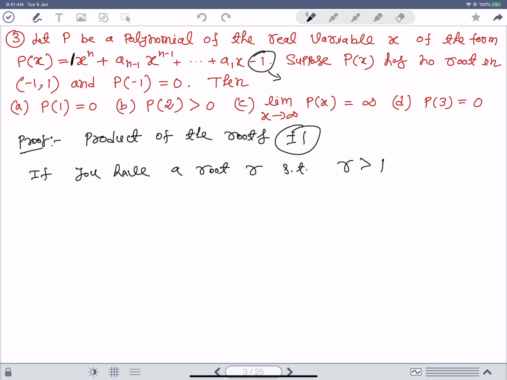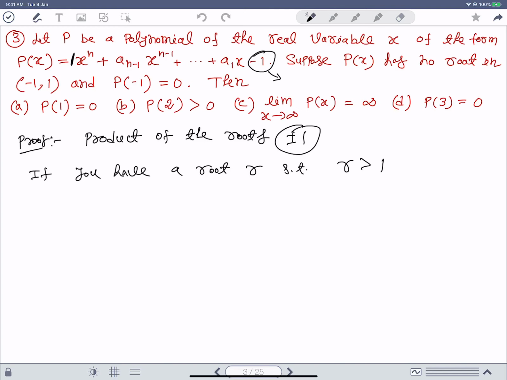Yes, sir, it depends on n being even or odd, something like minus 1 power n. We don't know the value of x, so we can't take it as positive or negative. Suppose you have P(x) equal to x minus 1, the root is 1, right? Yes, sir. Okay. Thank you, sir.